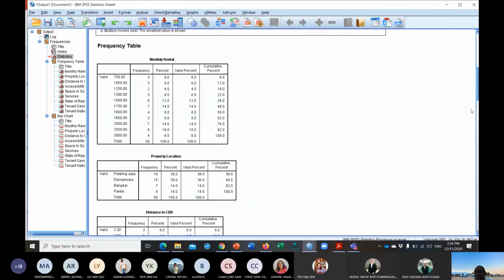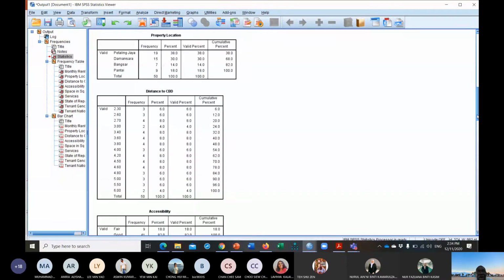Then when it comes to distance, we quickly know how many people are far or near to the central business district or to the campus. So this distribution will tell us how far people live from the center of activities.